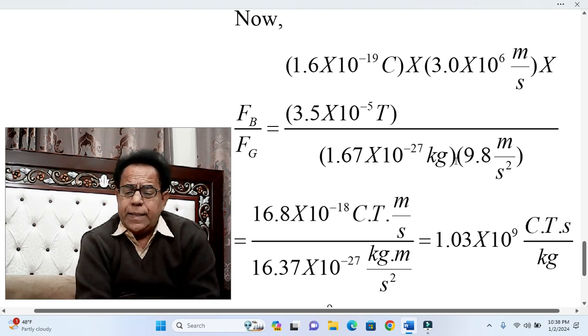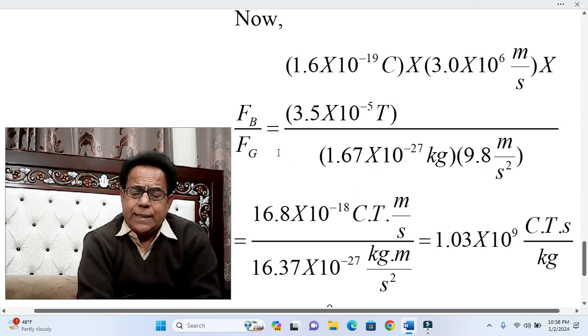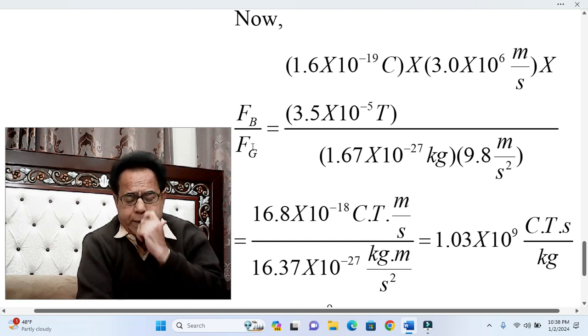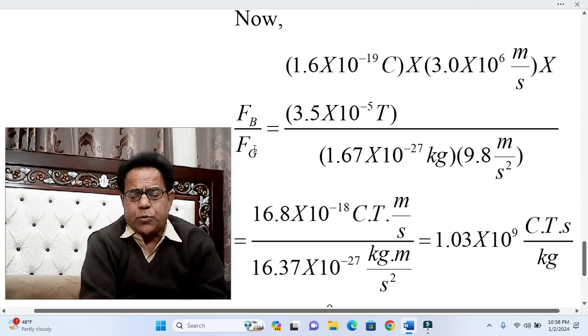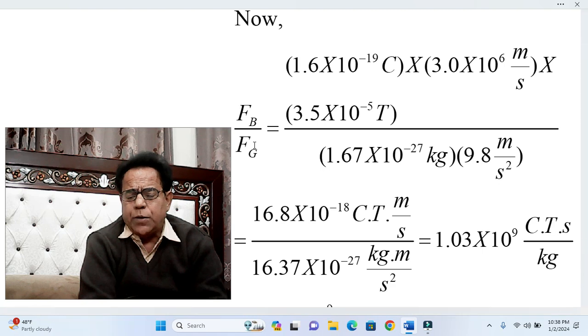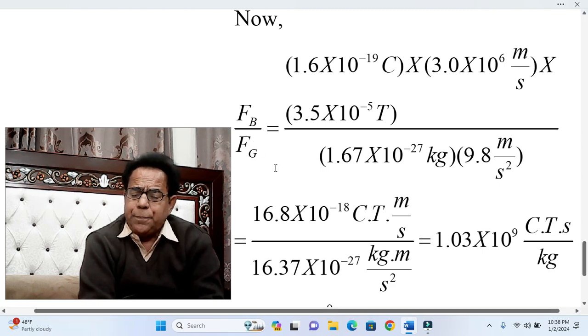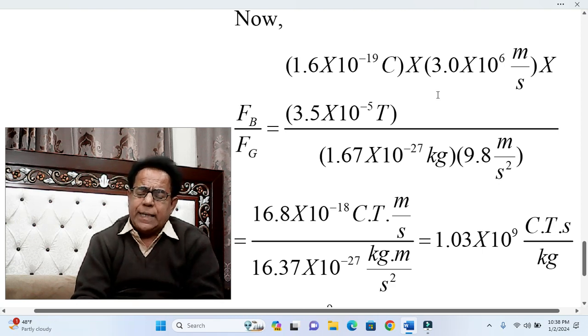So it means, as in the numerator and denominator there are two forces and the unit of force is Newton, force over force has no unit, just a numerical value, a number. But now we are trying to understand how all these different units cancel and convert into one.